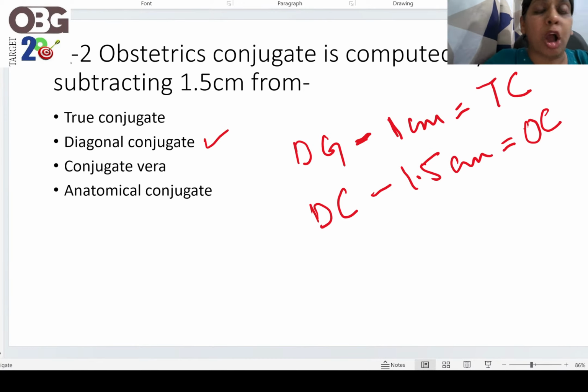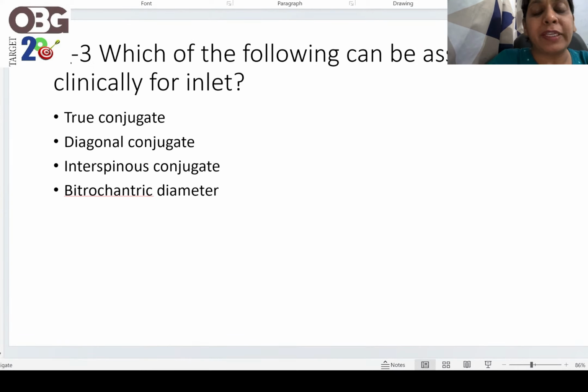We should know the obstetric conjugate to know the pelvic diameters. Next question: which of the following can be assessed clinically for the inlet? As I already told you, the diagonal conjugate can be assessed clinically for the inlet.